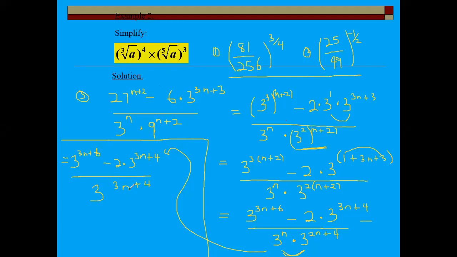Okay, good. So this expression can also be written as 3 raised to the power 3n times 3 raised to the power 6, minus 2 times 3 raised to the power 3n, so that will be 3n plus 4.